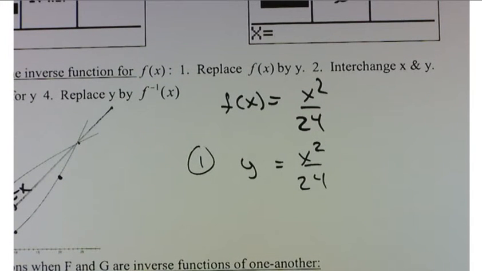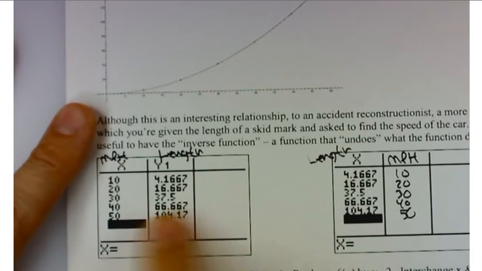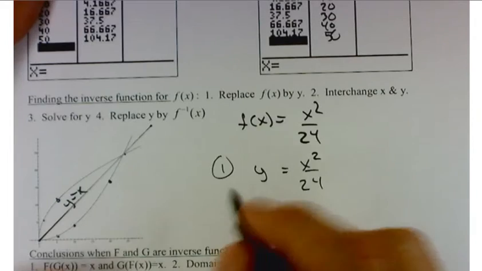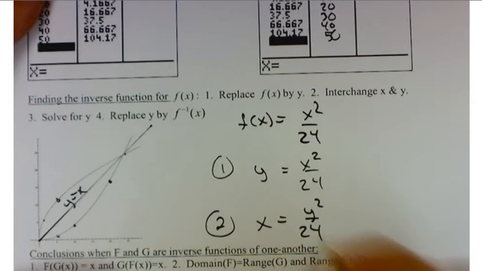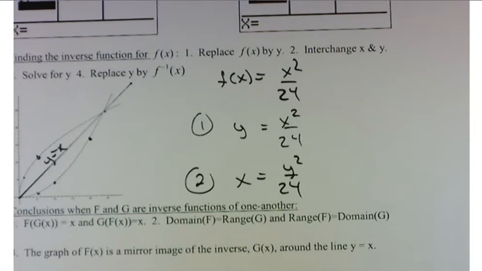Then, to go from the function to the inverse, you have to switch the roles of x and y. So x equals y squared over 24. Then we actually have to solve for y. We want to know what y equals in this case.